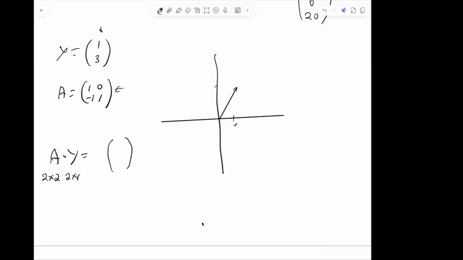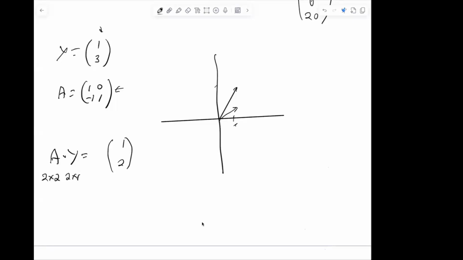And then we have this one, which is -1 plus 3, which is 2. Am I right? Let's do it from the beginning. 1 times 1, so it's 1. Okay, so the answer is 1, 2, which means that the new vector is going to be this one.